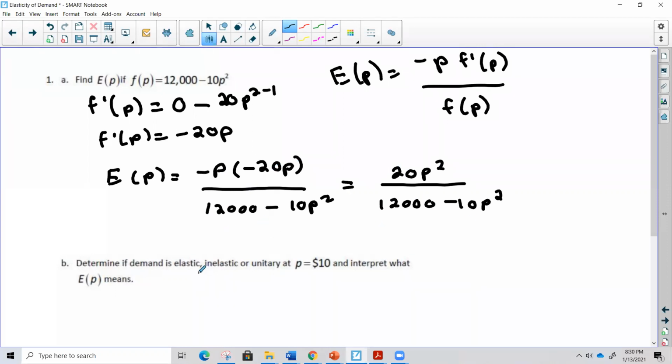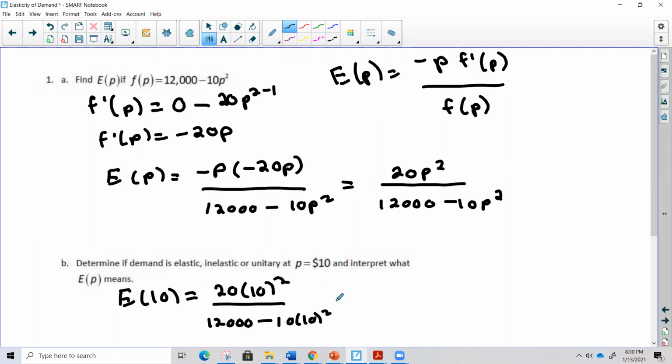B says determine if the demand is elastic, inelastic, or unitary at P equals 10, and interpret what E of P means. So in this case, I am just going to plug in 10 for P into my elasticity equation. And then we're going to simplify this.